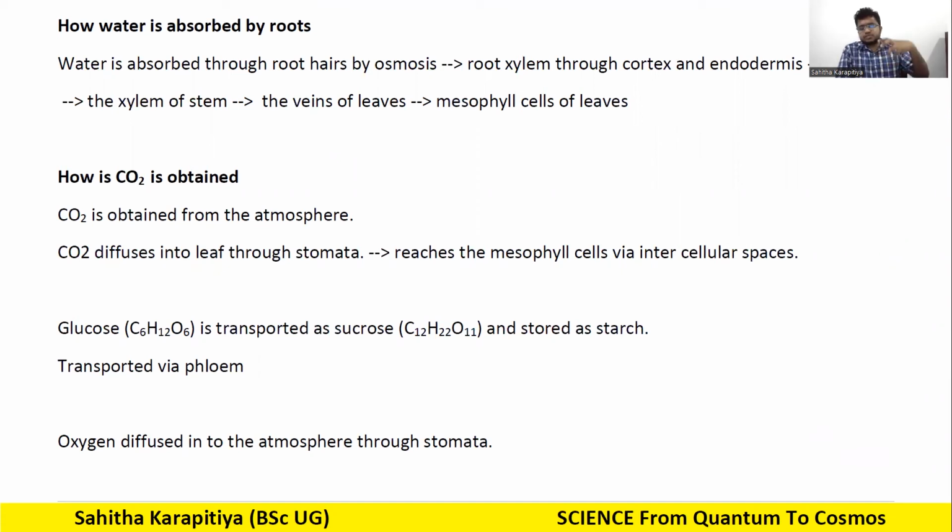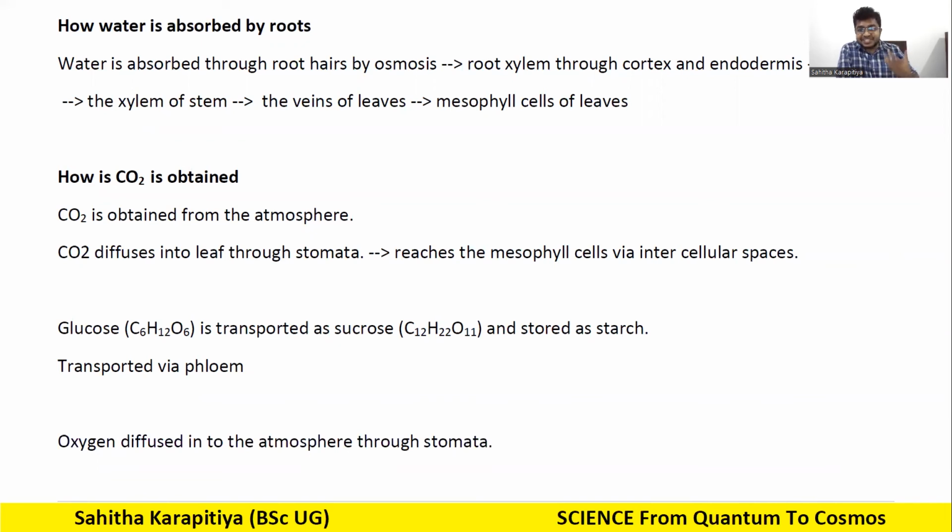Now, once the glucose is formed, which is C6H12O6, it cannot be kept in the plant as it is. It has to be converted to some other form. Though the leaf produces the food, food is stored at other places of the plant, like the stem, the root or a fruit. In order to store food in those organs, it has to be transported.